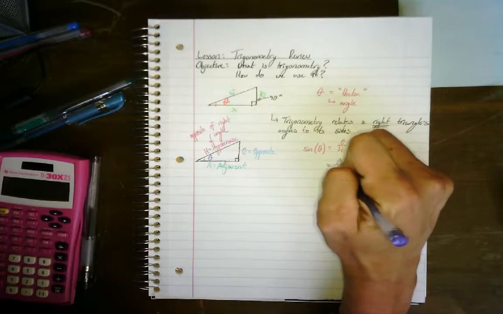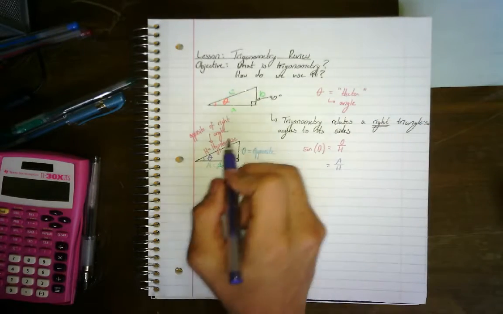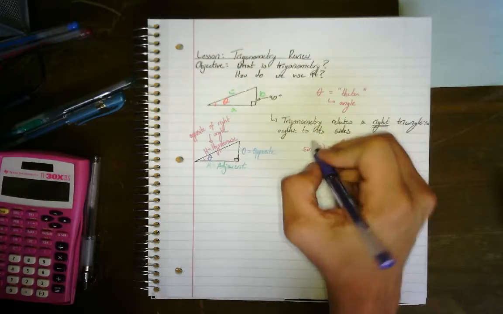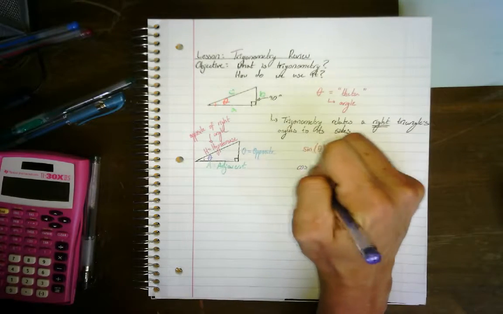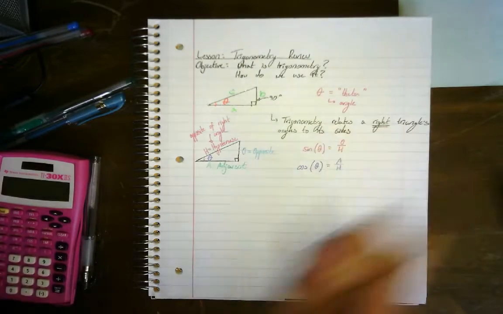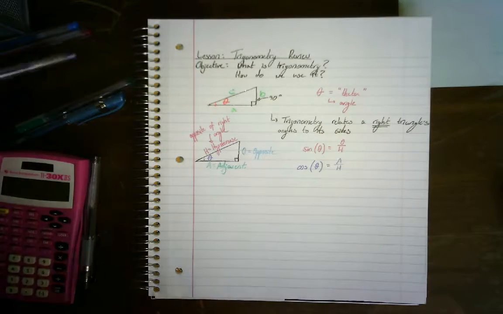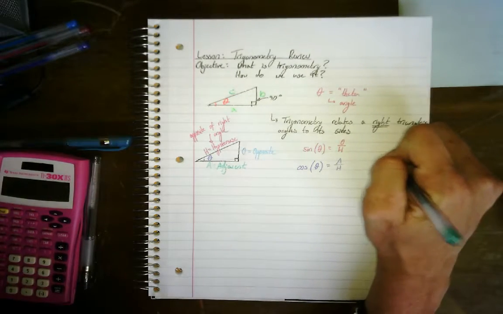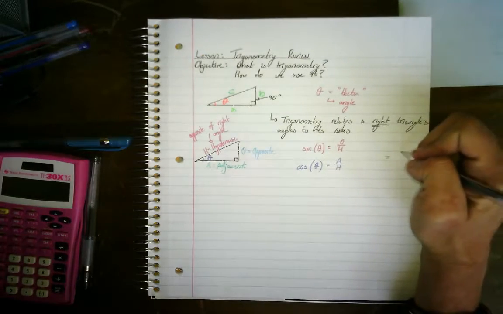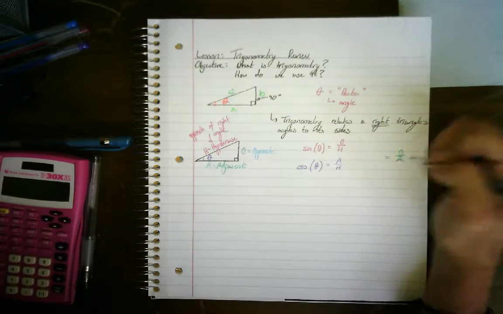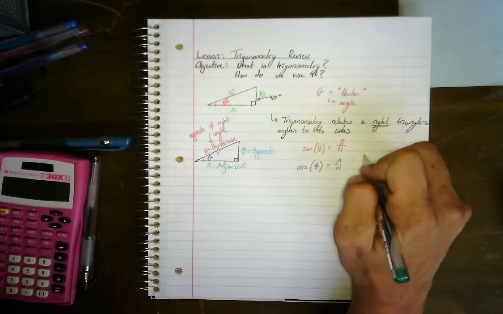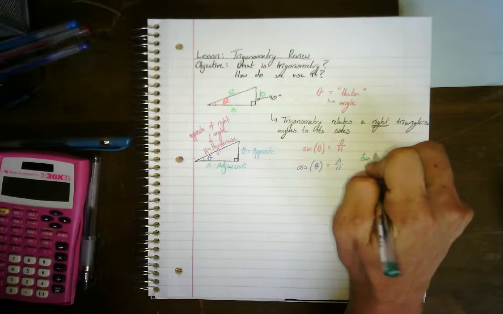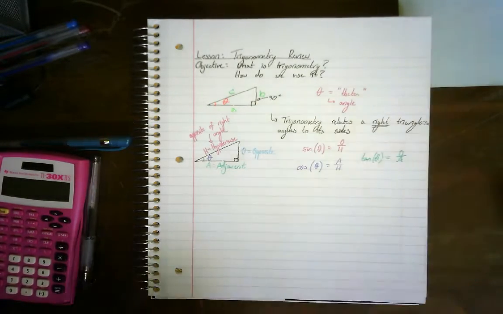Well, if we want to take the ratio between our adjacent side and our hypotenuse side and relate it to this angle, we're going to do it through the cosine function. And finally, the last one I told you we were going to discuss is the tangent function. So that's where our last ratio comes in, the opposite over the adjacent. So that is going to be the tangent of our angle, okay?